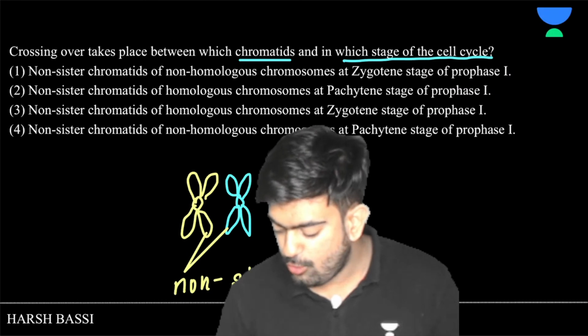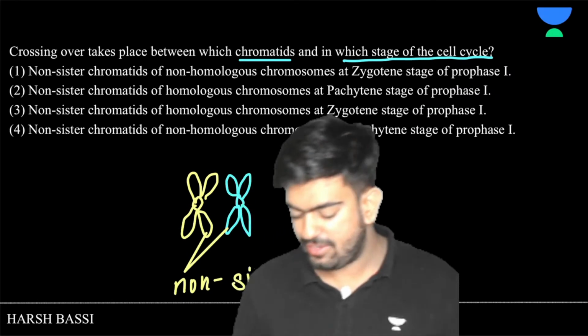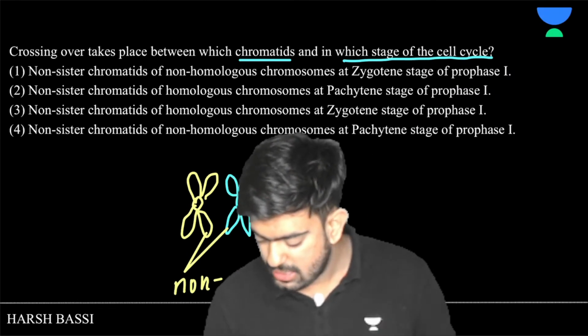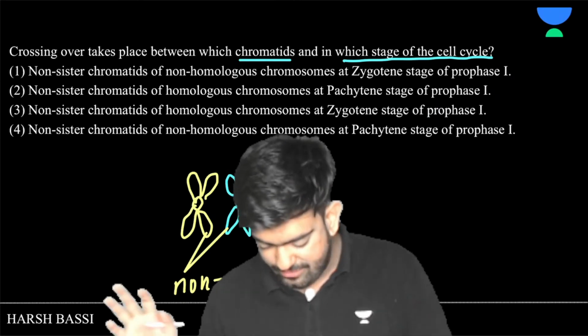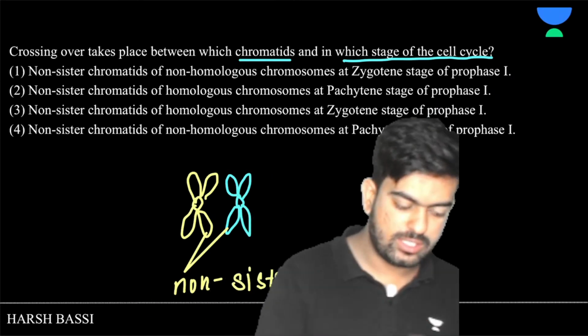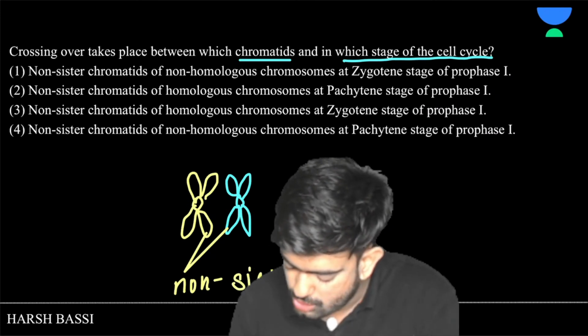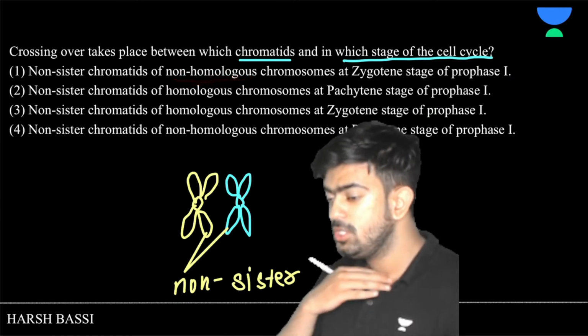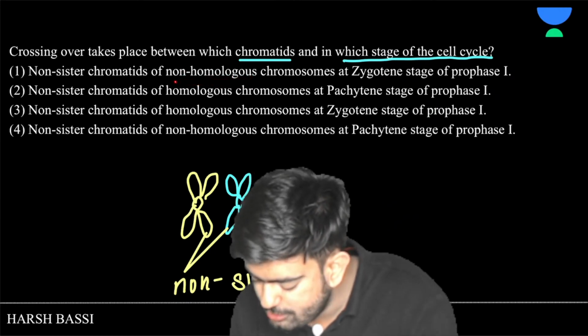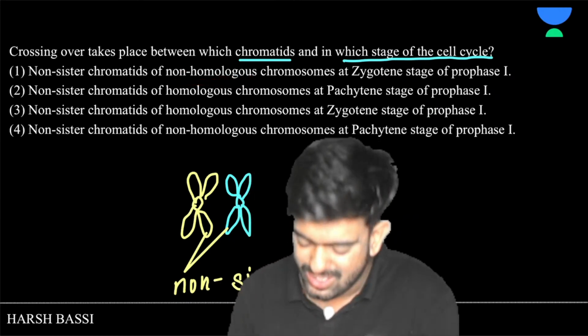Now let's look at the options. Every option has non-sister chromatids, so let's read them. Non-sister chromatids of non-homologous chromosomes: no, this is wrong.